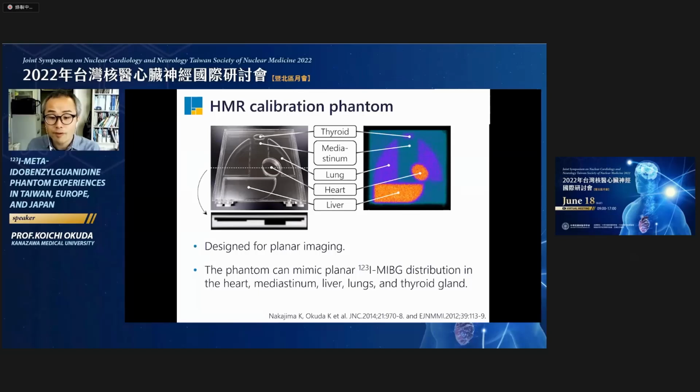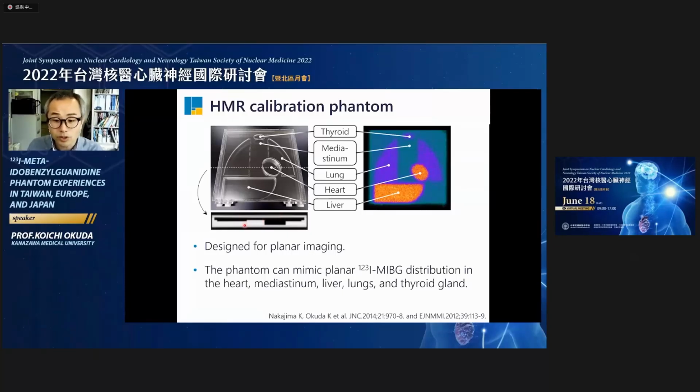The MIBG phantom is a flat structure made of acrylics. Width and length are 380 mm each. Depth is 50 mm. This is a transaxial image of the phantom.